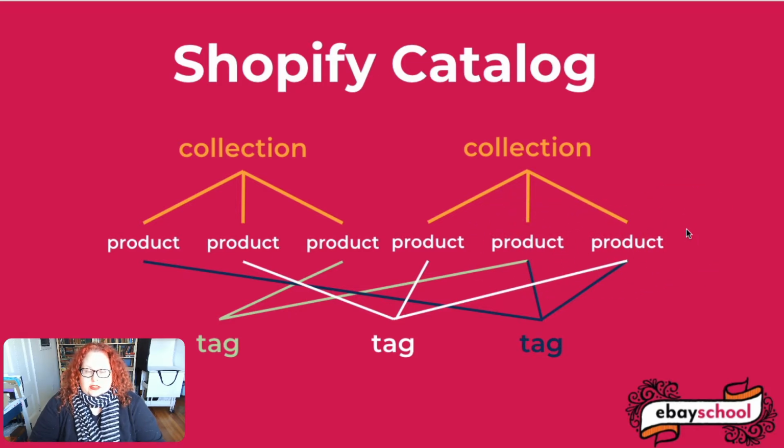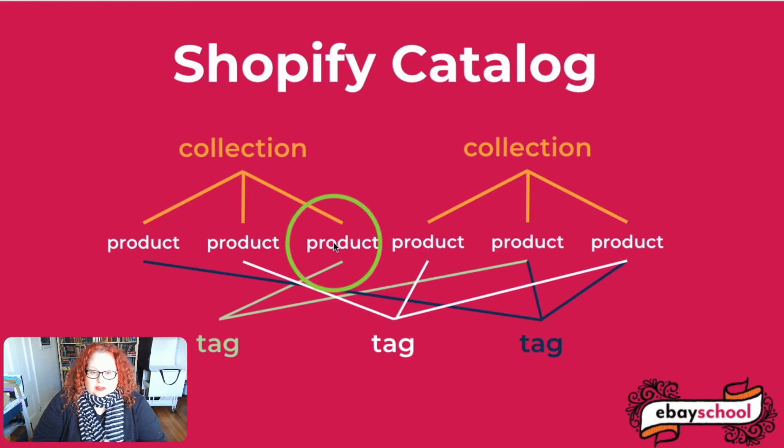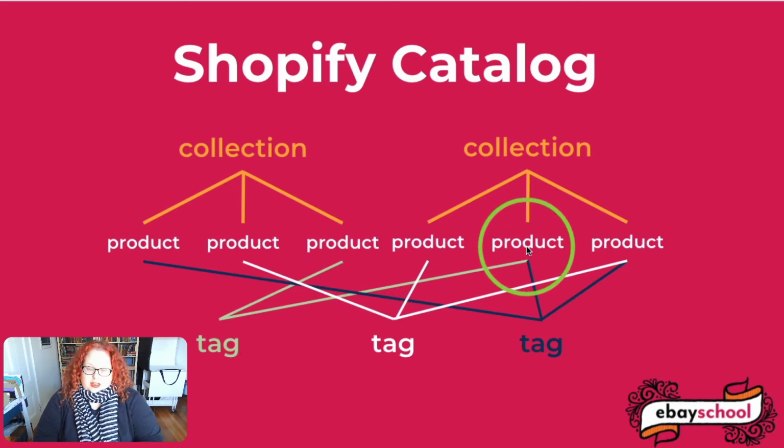Shopify also makes great use of tags, and with them you can organize your catalog any way you want, and you can use them in an automatic way or in a manual way. So you can just tag everything that's green as green, and then this green book here in the books collection will have the green tag, and then this green stamp over here in the stamps collection will have the green tag.